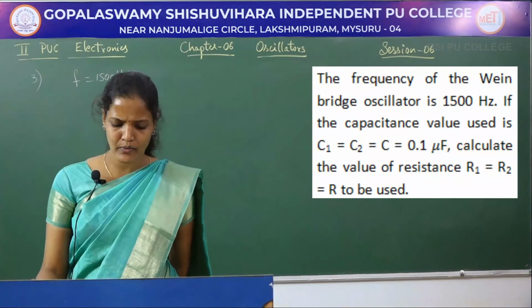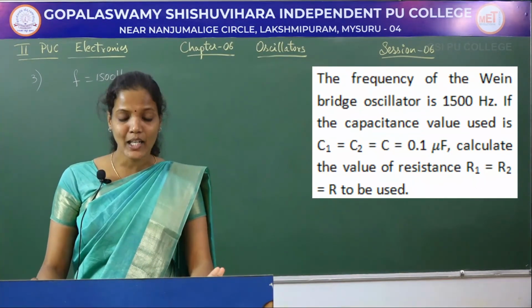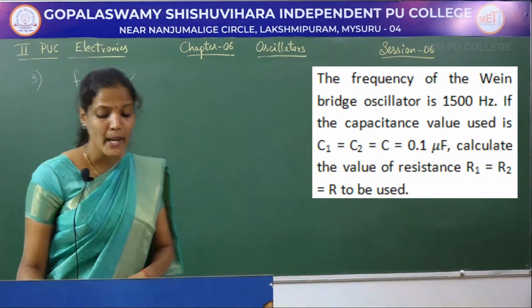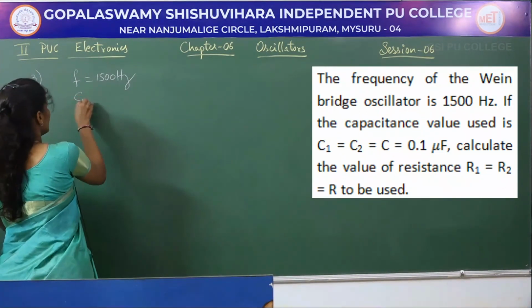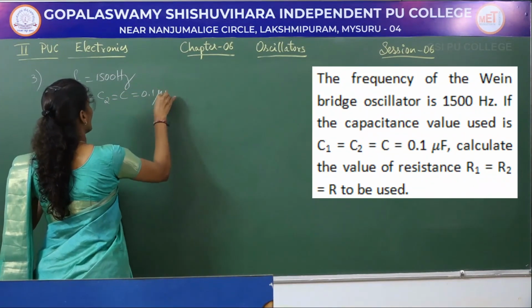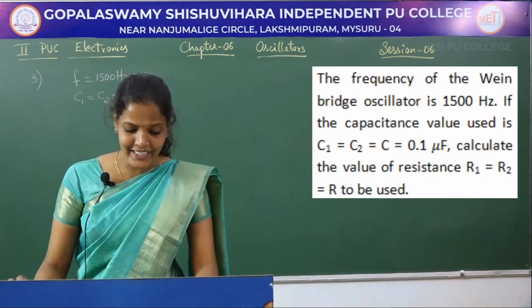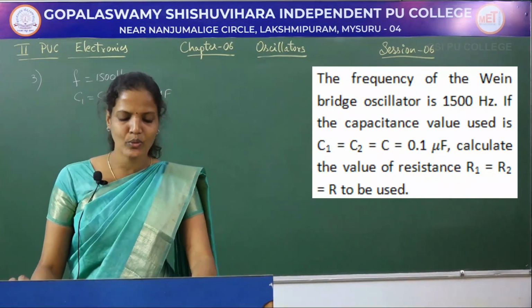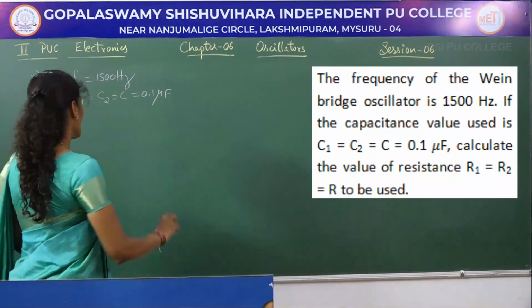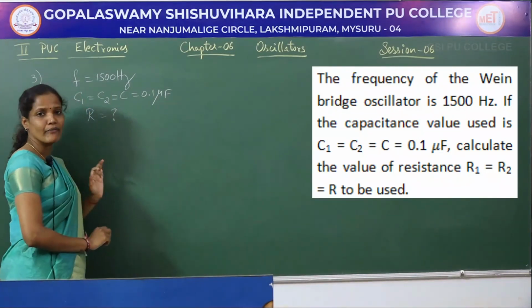If the capacitance value used is C1 equals C2 equals C, which is equal to 0.1 microfarad, calculate the value of resistance R1 equals R2 equals R to be used. So you have to find out the value of R for the given value of f and C.